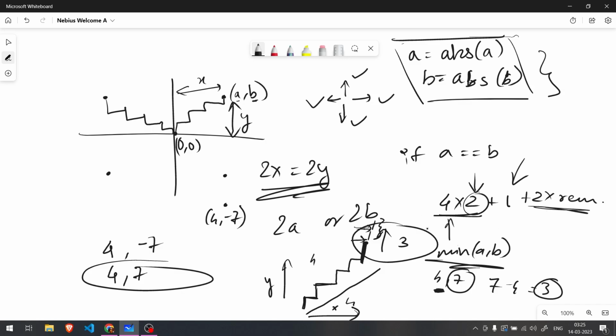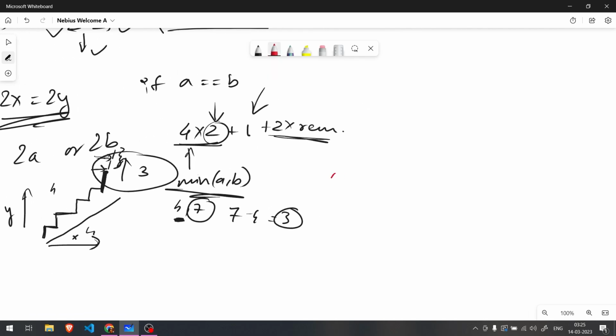So what does the final answer become? The final answer becomes 2 into min of a comma b, plus 1, plus 2 into how much is remaining? 2. So what is 2? 2 is 3 minus 1. Why minus 1? Because the 1 we were able to take here.